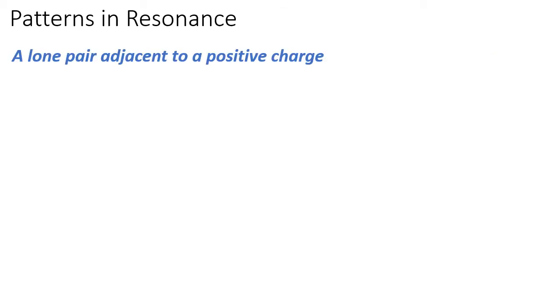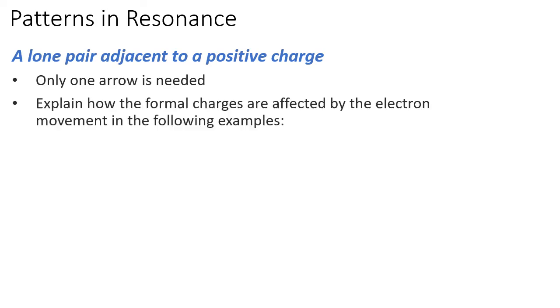The next pattern is when you have a lone pair adjacent or next to a positive charge. You will only need one curvy arrow to go from one resonance structure to the next. And this will explain how the formal charges are affected by electron movement. So if we look at some examples here, we have an oxygen which has a -1 formal charge, and we have a carbocation which has a +1 formal charge.